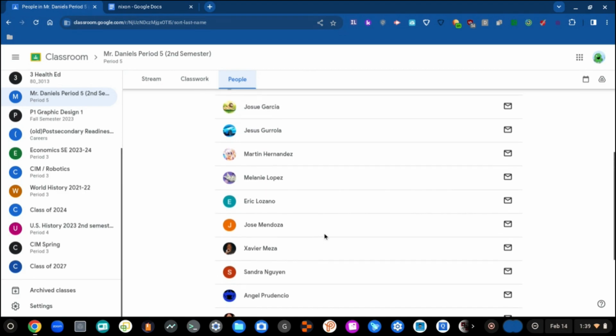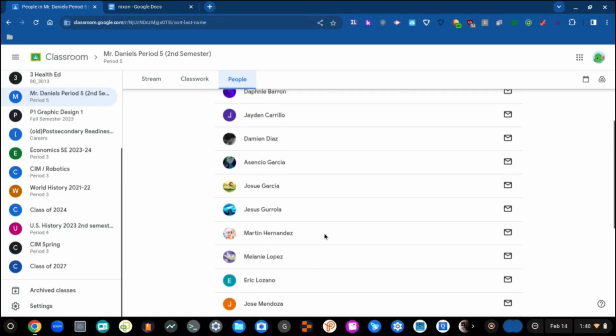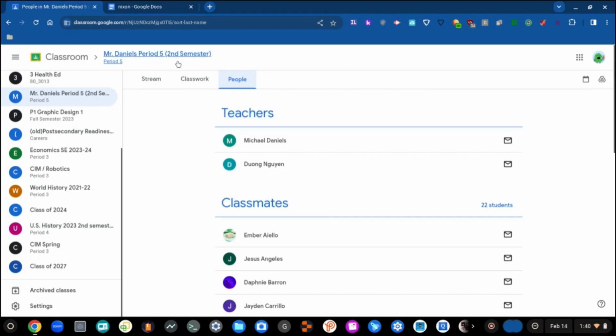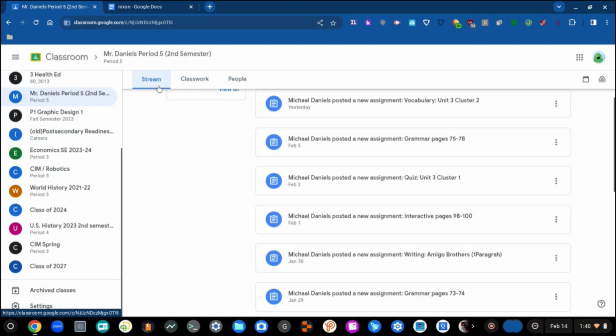The assignments for today that are going to be due: the first one is a quick write dealing with loyalty, which is our central question from this unit. I'm going to review that one with you first, and then I'll post it.